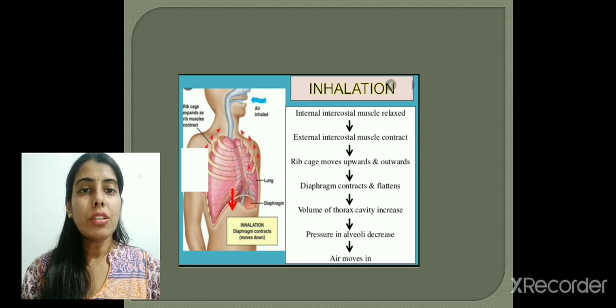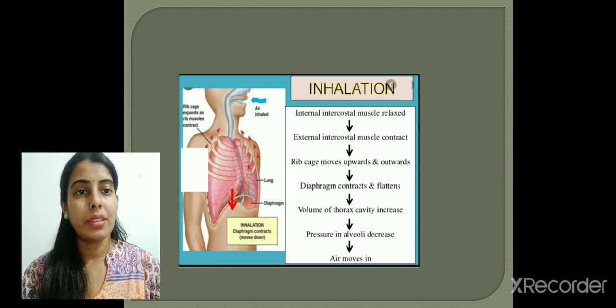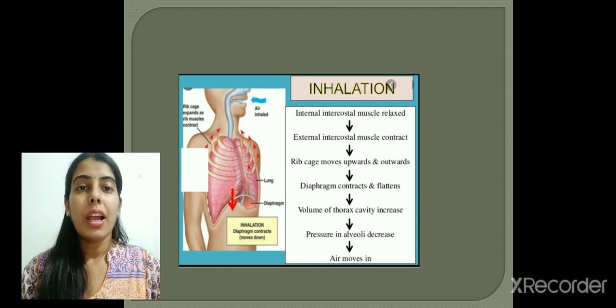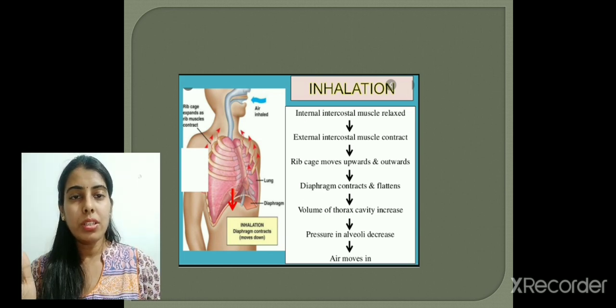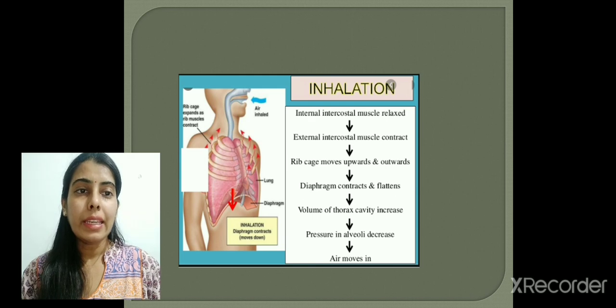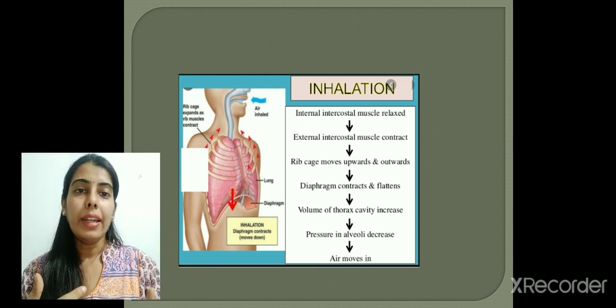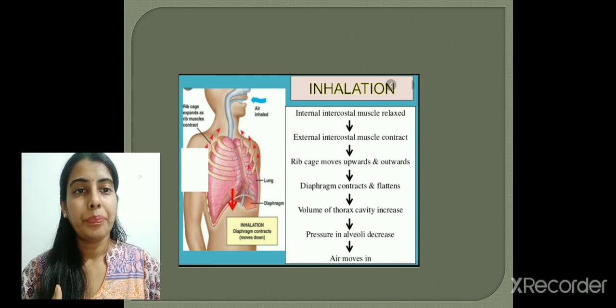The muscles which help in this process are called intercostal muscles. The rib cage, the outer covering which is a part of the skeleton that protects our lungs, moves upwards and outwards. So the volume is increased and more air enters our lungs.